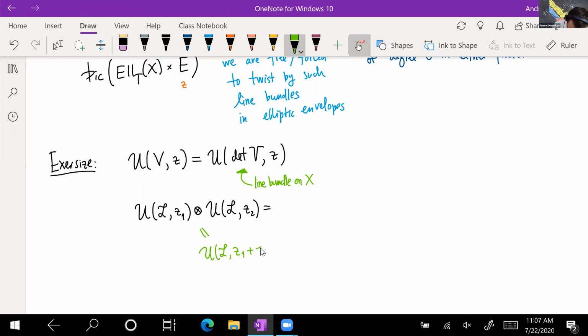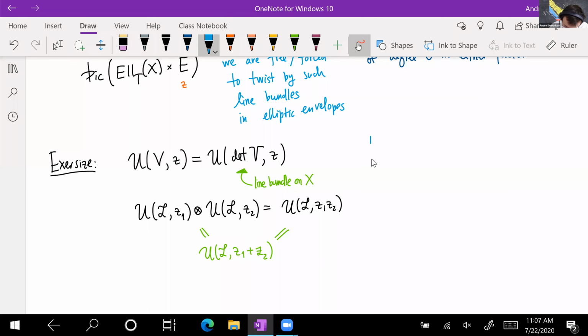So instead of taking a one-dimensional torus, I take a two-dimensional torus and a representation which is one weight plus the other weight. This equality I'm going to write down is like the first equality, but in the second variable. So that would be U of L Z1 Z2. So instead of U of a sum, you can instead multiply.